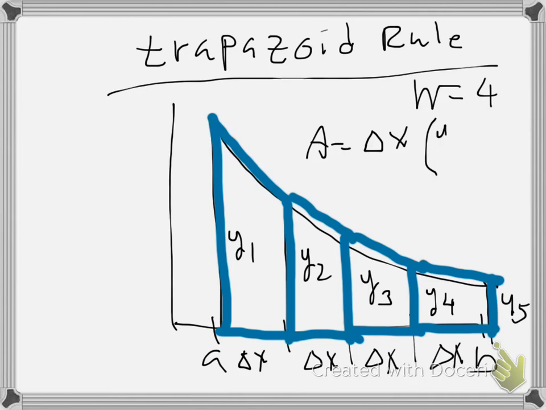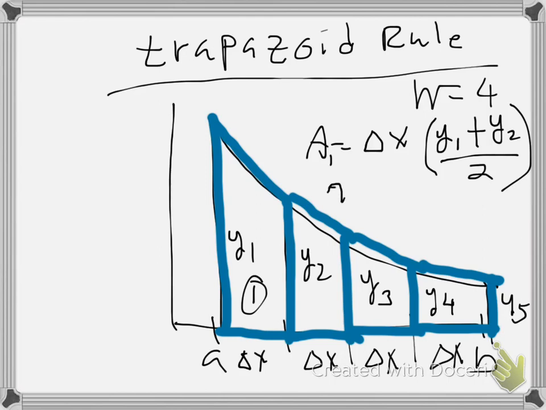So that would be y1 plus y2 divided by 2. That would give us the area of the first trapezoid, and we would use a similar method to find the others. It's always divide by 2. We've got two lengths and we're looking for the average.